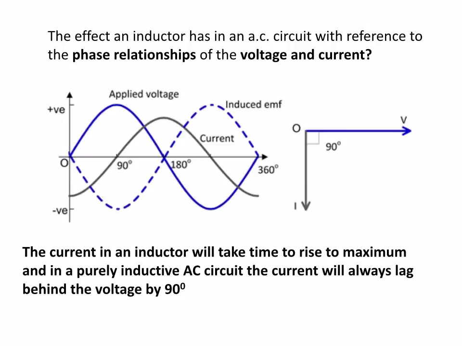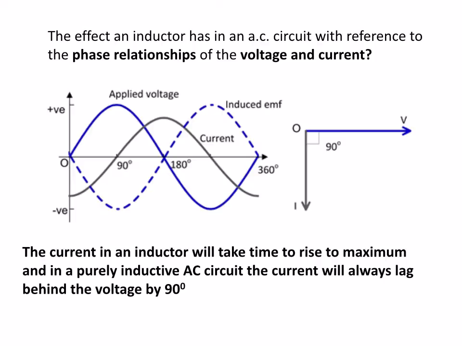When we have an inductor in an AC circuit, it is going to put the voltage and the current out of phase. We said earlier on, with the time constant, that it takes time for the current to reach maximum. So if you look at the phasor diagram, we have the voltage as reference, and we have the current lagging by 90 degrees, because it takes that 90 degrees for the current to reach its maximum value, to catch up with the voltage.